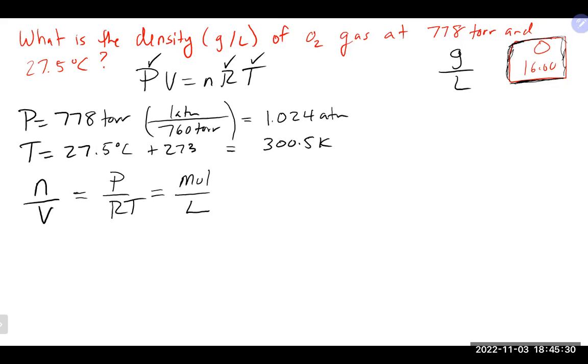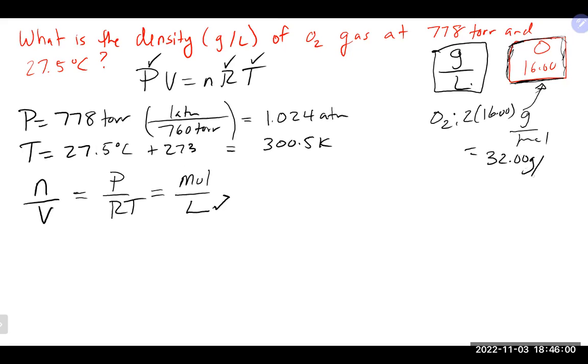That's okay, because I eventually want liters on the bottom, and my liters are on the bottom, which means I just need to convert grams into moles, and that is what the molar mass is for. Molar mass is grams per mole, which in this case would be O2, so 2 times 16 gives us 32 grams per mole.